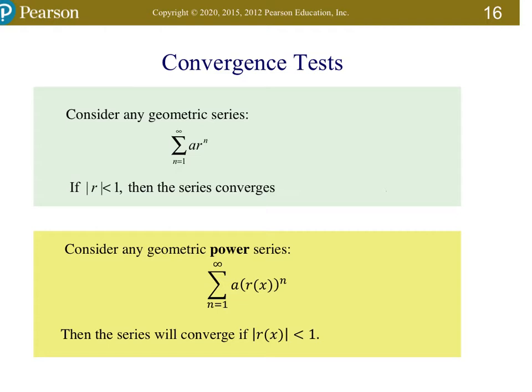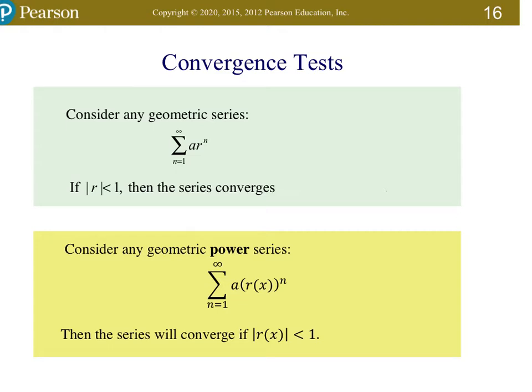So a power series, a geometric power series, is when the ratio is not just a constant, but is a function of x. So you're not just multiplying everything, say, by 2. You're multiplying each term by 2x. So you're bringing a variable into this.